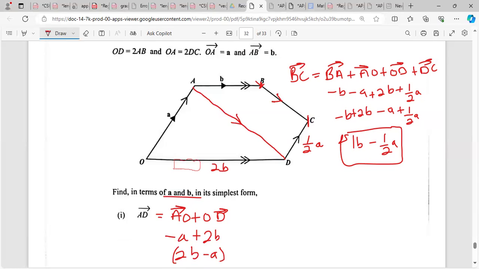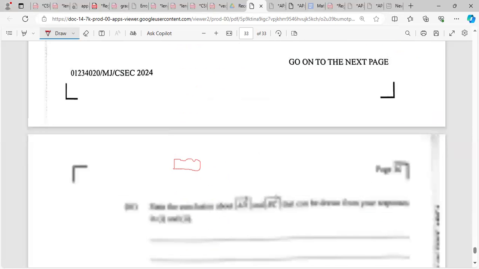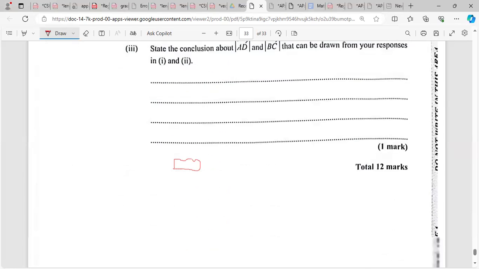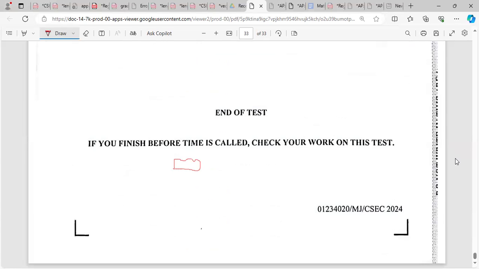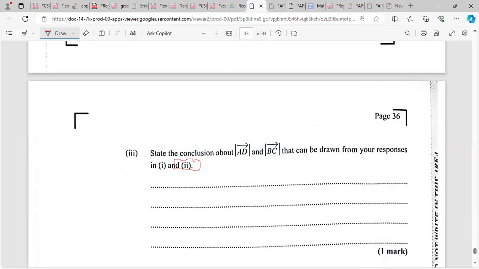Did they ask us for the magnitude or the length? They ask for the size, right? Size of AD and the size of BC. Now we drop in the size and see if it makes sense.